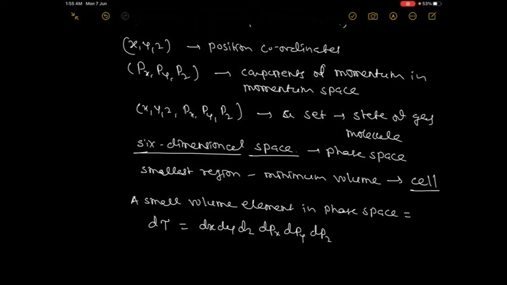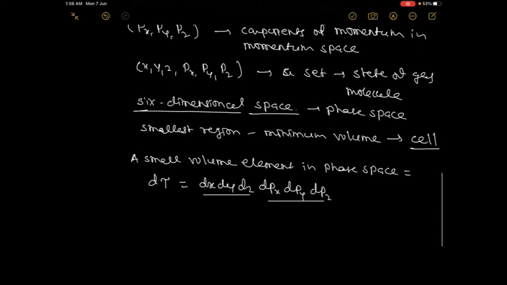Here what are the dx, dy, dz? These differentials are very small as compared to dimensions of the system, and dpx, dpy, dpz are also small as compared to the range of the momentum of the molecule, and therefore dx, dy, dz, dpx, dpy, dpz is the volume of a cell.